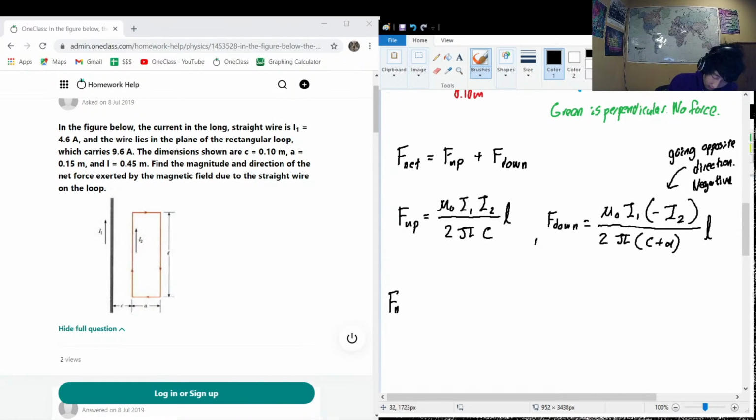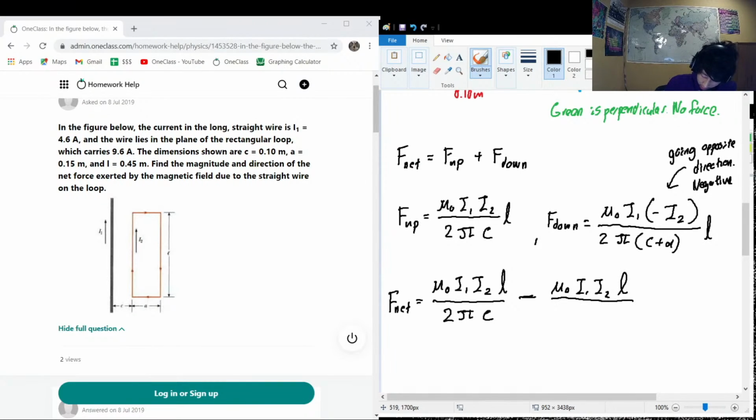Cool. So let's incorporate these into our equation above. F net is mu naught I1 I2 L over 2 pi C minus mu naught I1 I2 L over 2 pi (C plus A).